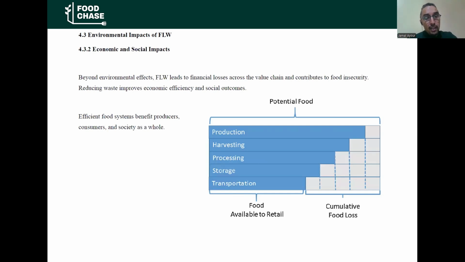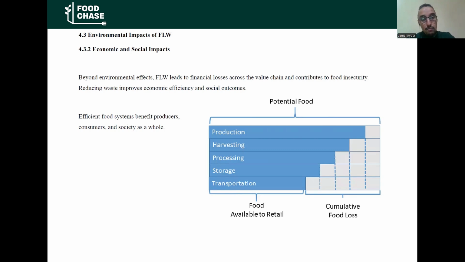So economic and social impacts are also caused by food loss and waste. Food loss and waste leads to efficiency loss across the value chain and contributes to food insecurity.